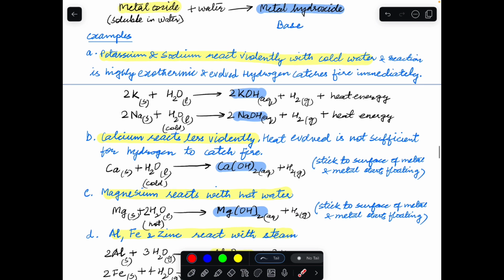Now in the case of calcium, the reaction is quite good, but it is not as violent as in the case of potassium or sodium. Therefore calcium is less reactive towards water, and here again, being an alkaline earth metal, it will react with cold water to form hydroxide. The reason is that the oxide is soluble in water, like calcium oxide, therefore it will dissolve in water to form calcium hydroxide.